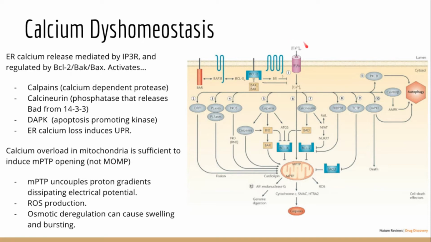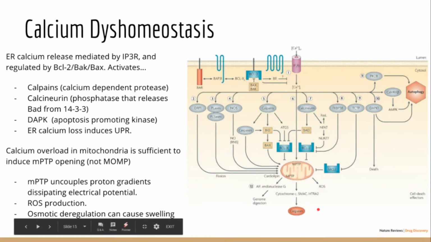And then when these IP3 receptors open their channels, they lead to a flood of calcium, which activates BAD and BID, and it potentially opens the mitochondrial MPTP. And this allows ultimately cytochrome C release, SMAC release, HTRA2 release, and activation of caspases.